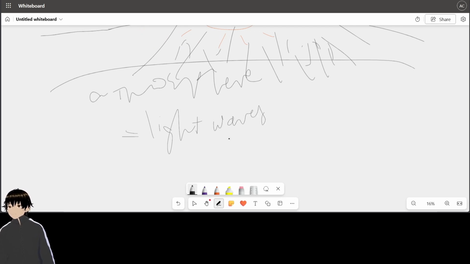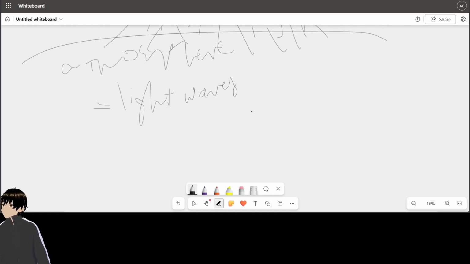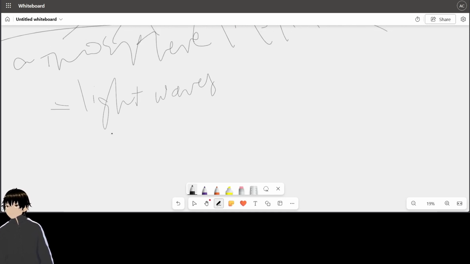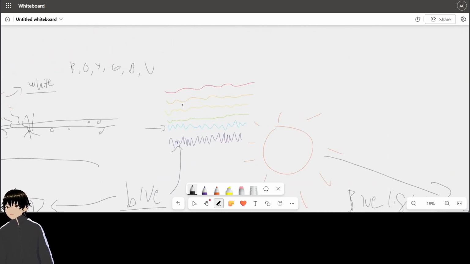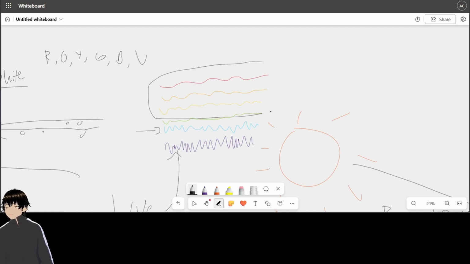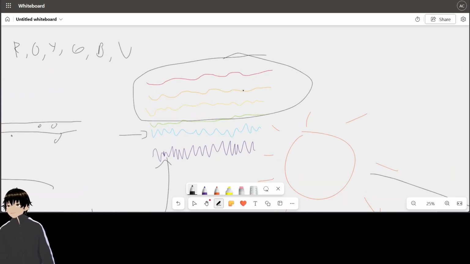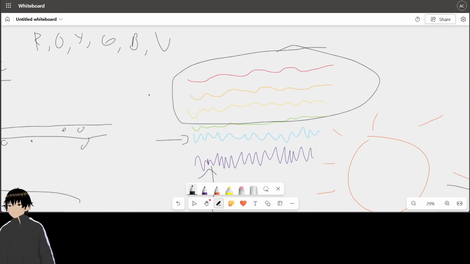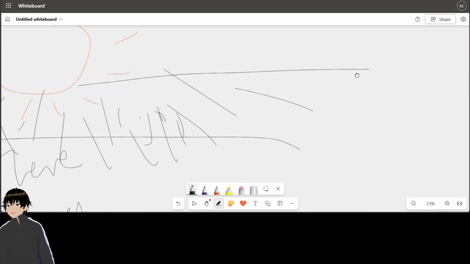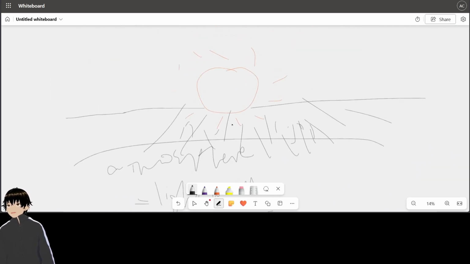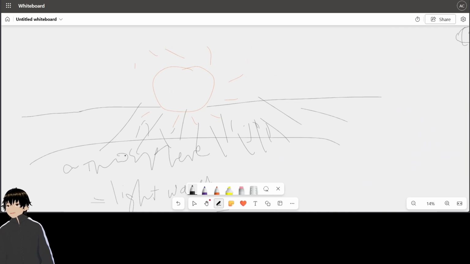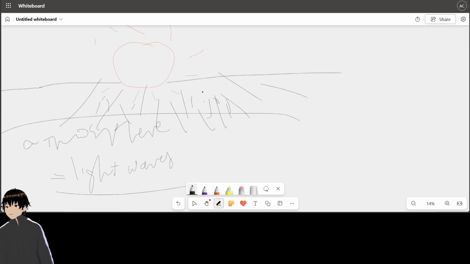Meaning if there are more light waves, then obviously we're going to get more of these. And these light waves, regardless of how slow they are, will become more visible because the sun is actively scattering more light through the atmosphere.